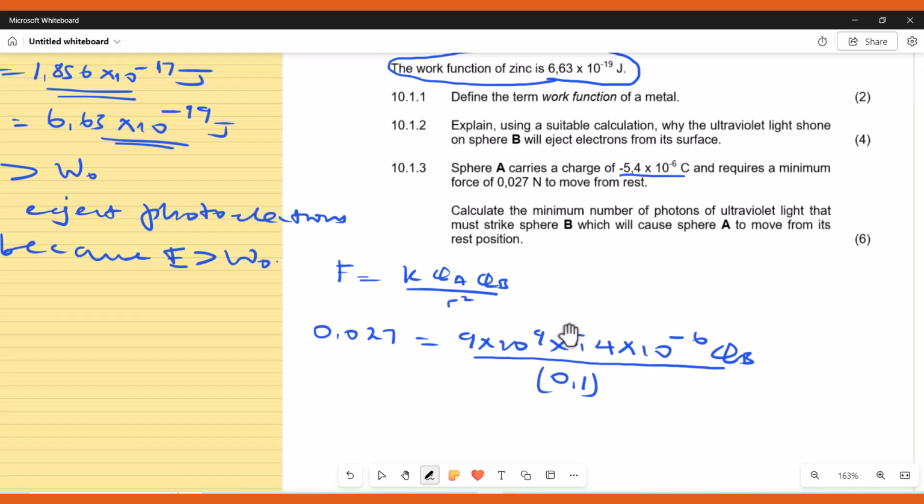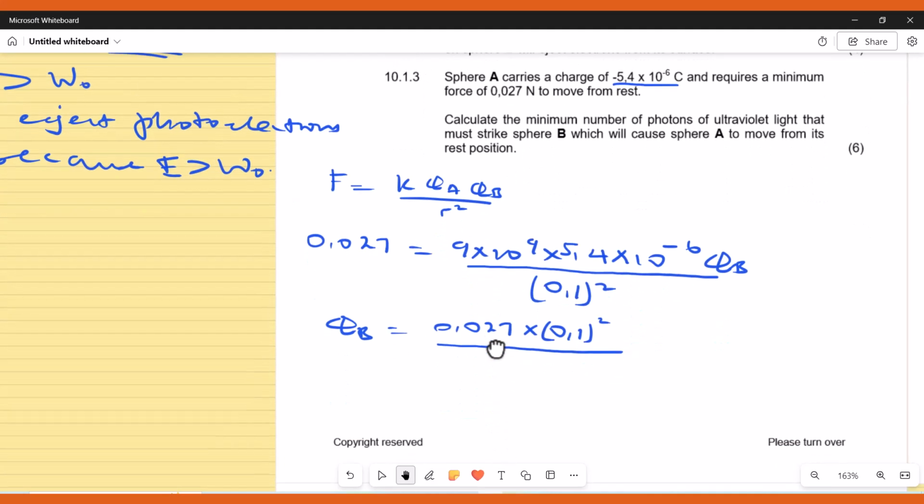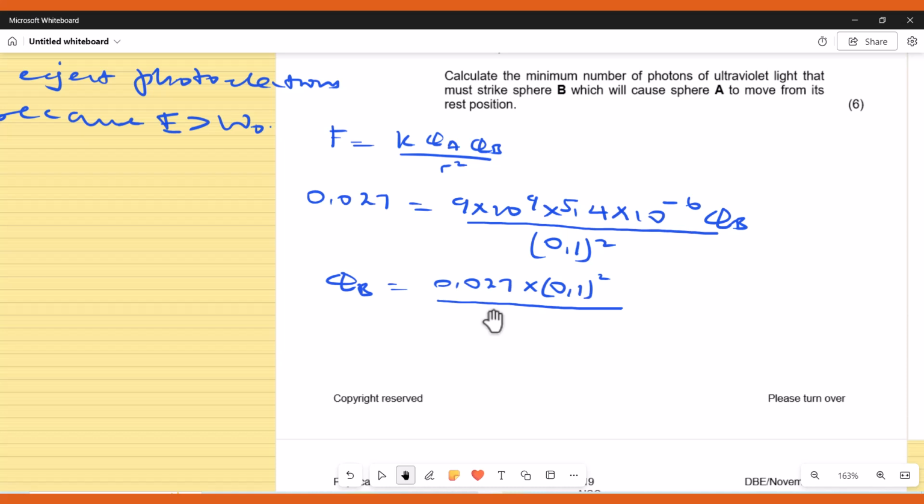The charge on B is given by 0,027 multiplied by 0,1 squared, divided by 9 times 10 power 9 multiplied by 5,4 times 10 to the power negative 6.